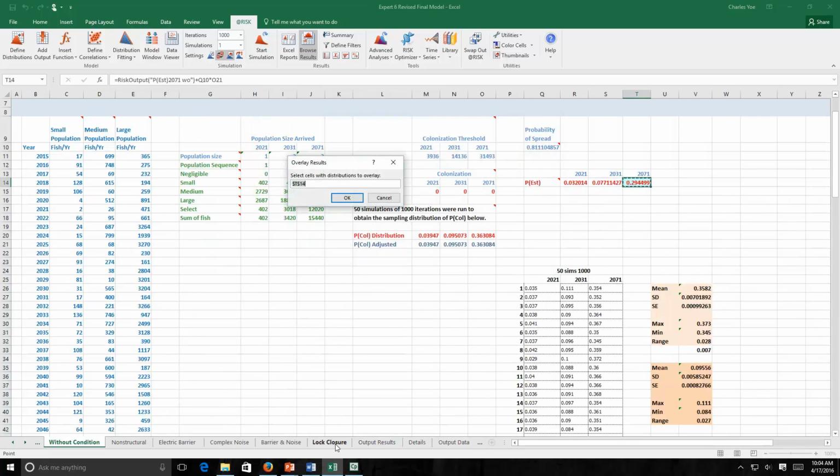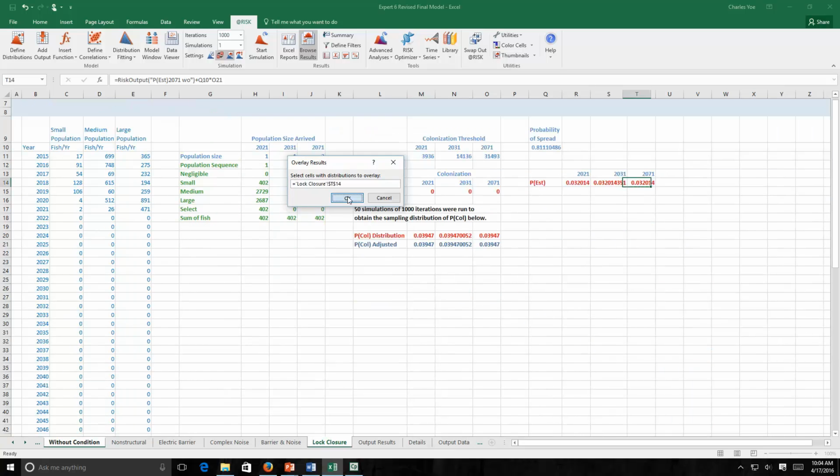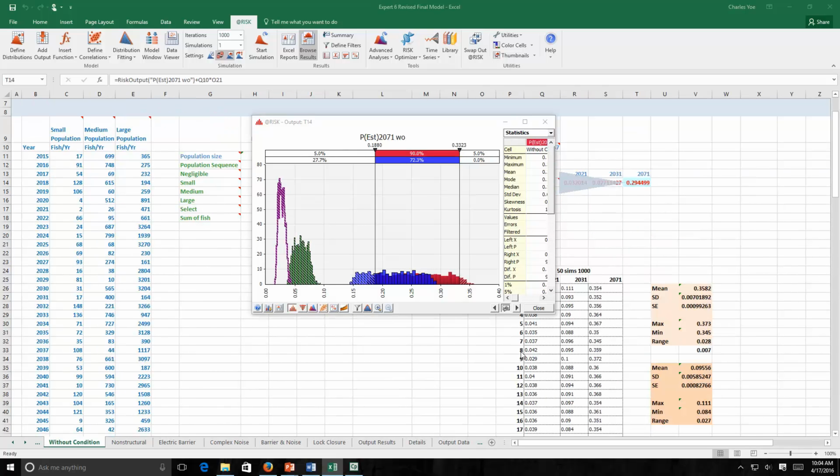I'm going to go to lock closure now, and we'll take a look at what closing the lock does. And you can see that reduces the probability of establishment even further. Actually, this probability of establishment here is identical to the probability of establishment before 2021, because the lock closure is believed to be possible to implement by 2021 as well. So you can see the different reductions in the probability of establishment here.